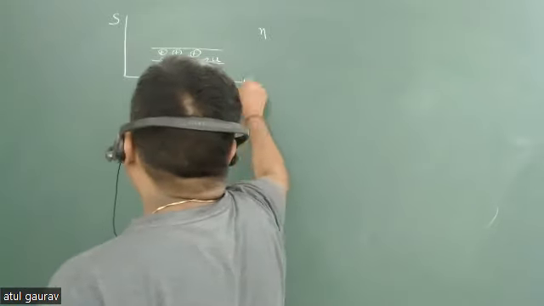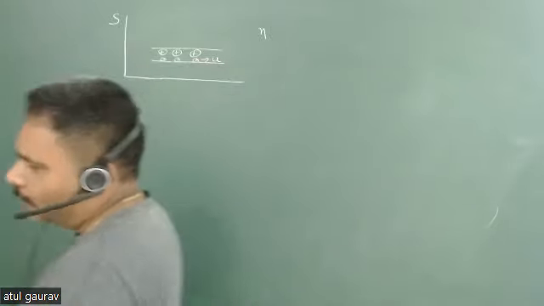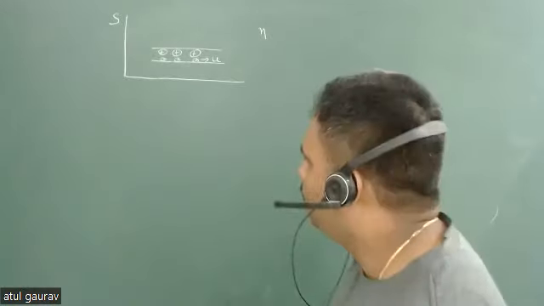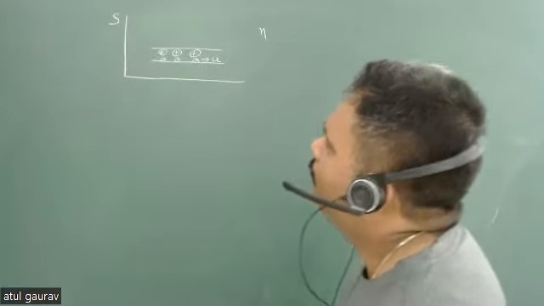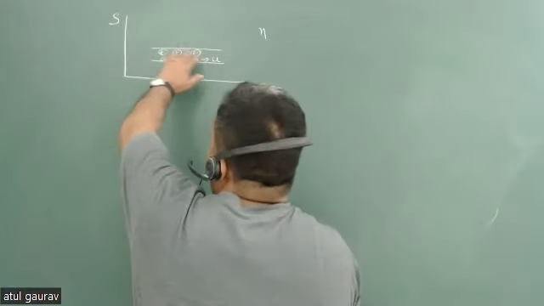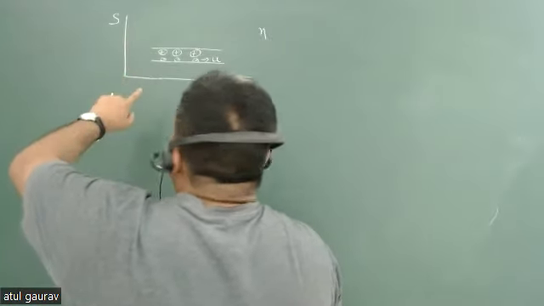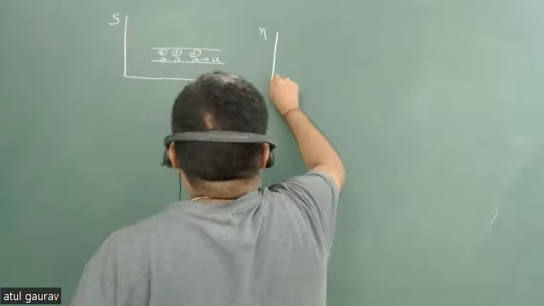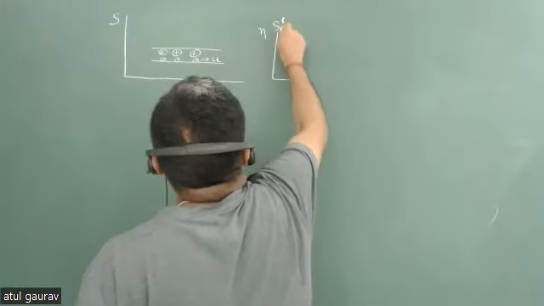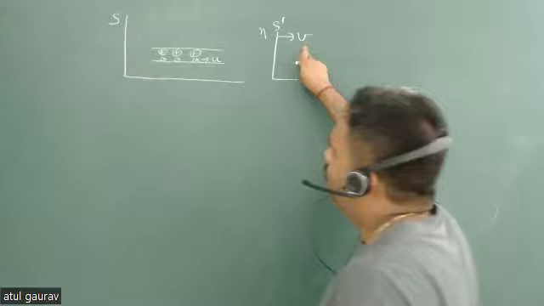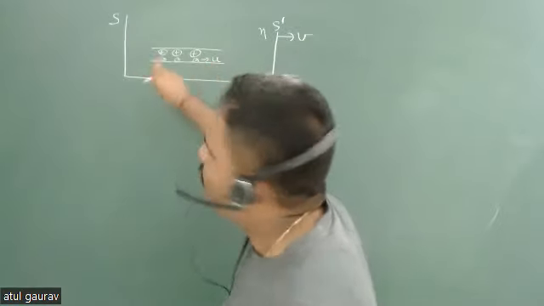So let's try to figure out the current density and the charge density for positive charge and negative charge, and for the combined system with respect to S. Then there is another reference frame, S dash, which is moving with respect to S with velocity V. This u is your drift velocity.